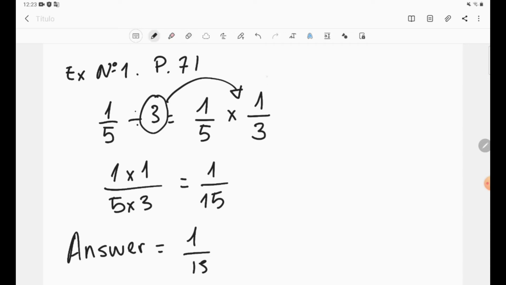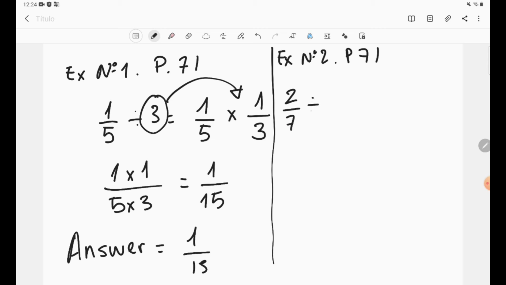Let's try another example. Number 2, exercise number 2, page number 71. We have 2 over 7 divided by 4.